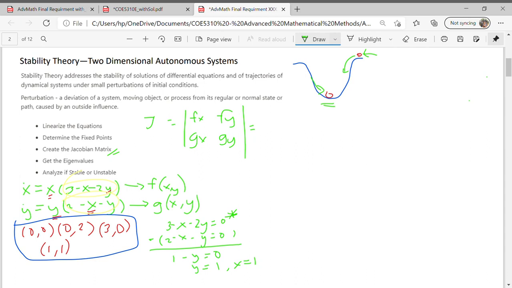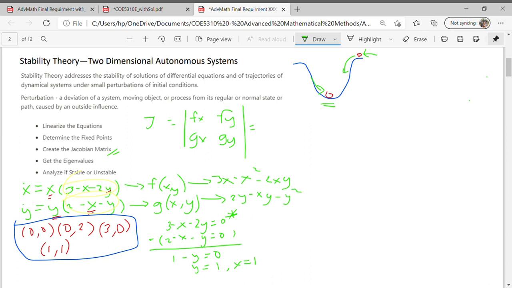So we first expand this, distribute the x and the y. So we have 3x minus x squared minus 2xy, 2y minus xy minus y squared.